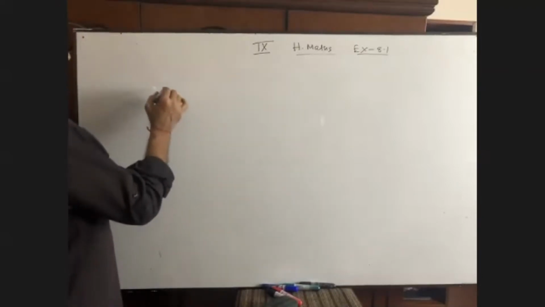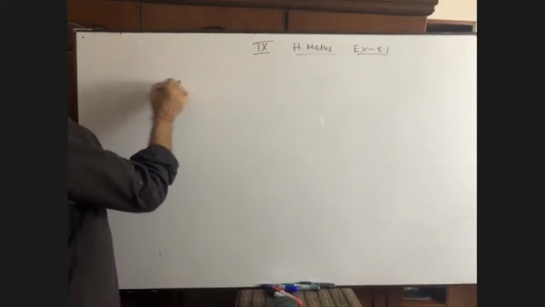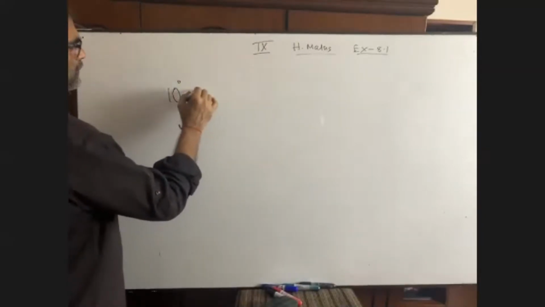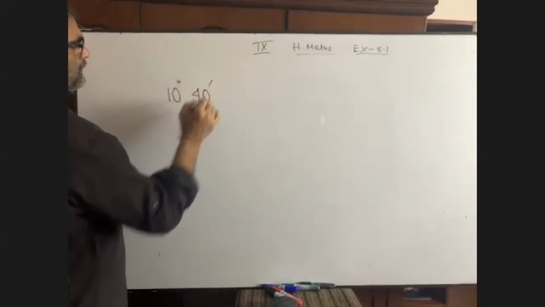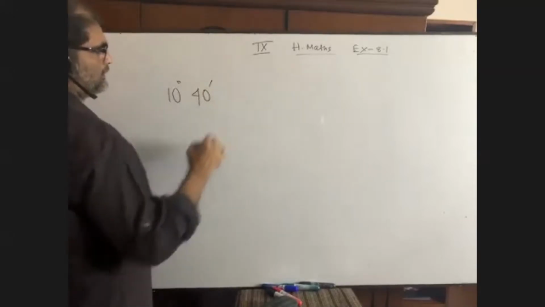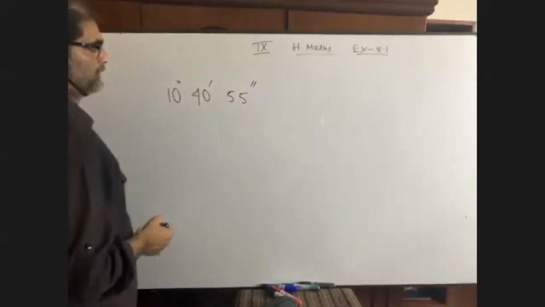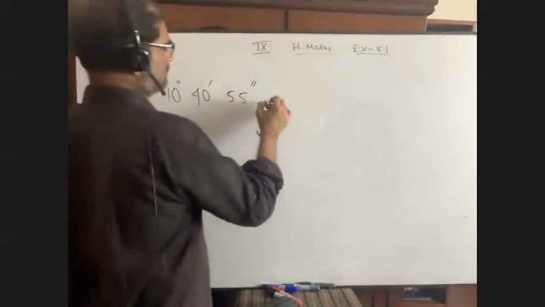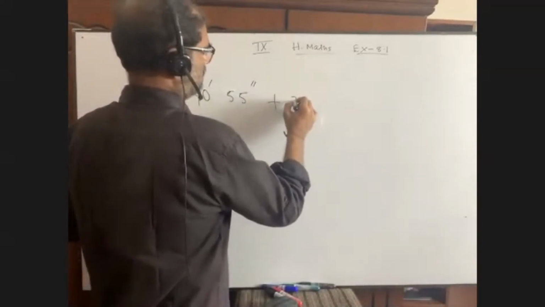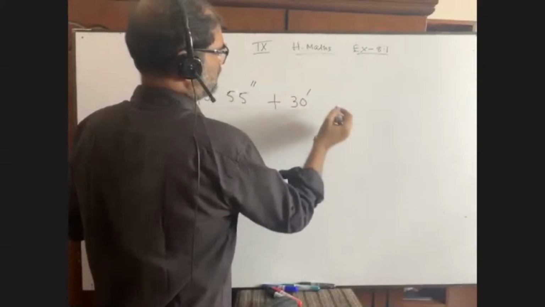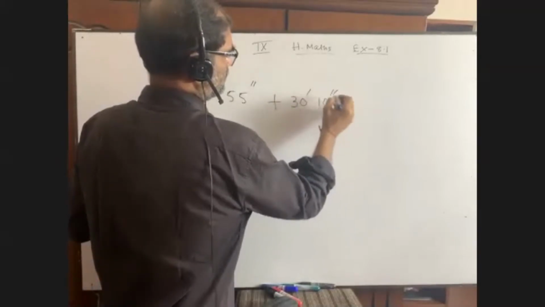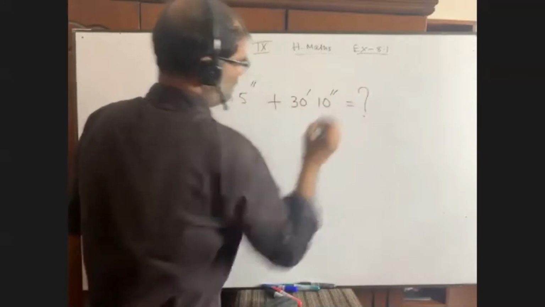You see here also, suppose you are told to add 10 degree, suppose 40 minutes, and 55 seconds, plus 30 minutes 10 seconds equals to what? Now let me know.